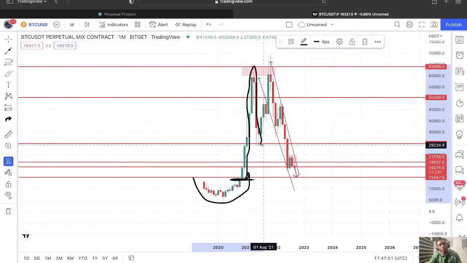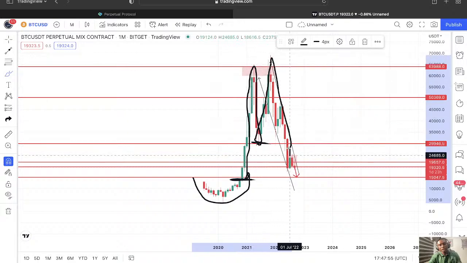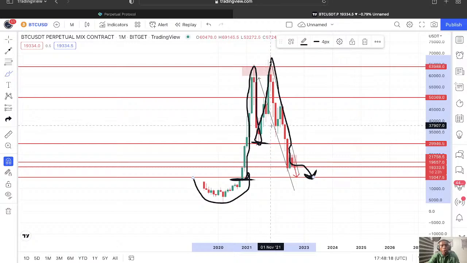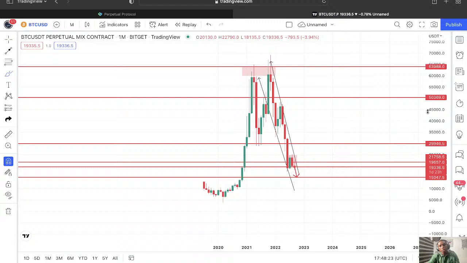Price came down, tested this level, moved up again, came down, and price is currently here. So the next support level that price will go and touch now is the 15K mark, and it can either continue to go down or up. But for now, we see the 15K mark. So that is what we can see on the monthly time frame.